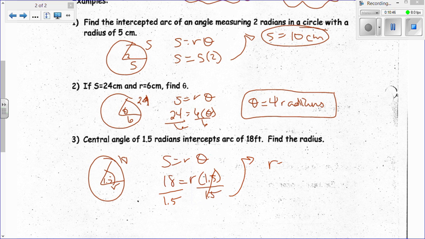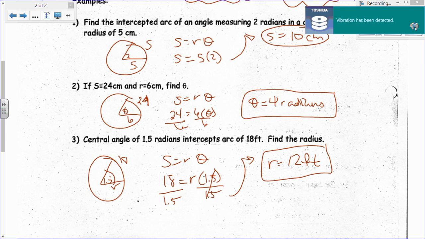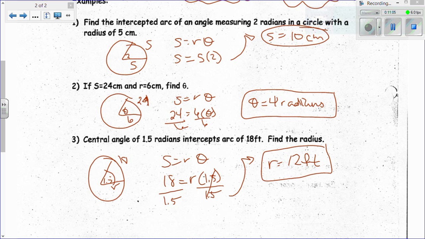So r is equal to 12 feet. Okay, really nothing to those. S equals r times theta. Substitute in for what you have. Find what's missing. All right, that is all we need to worry about.